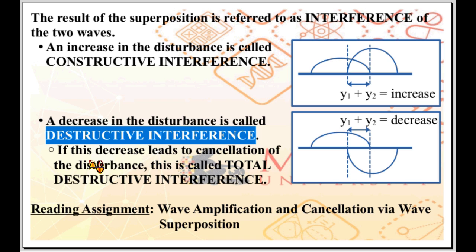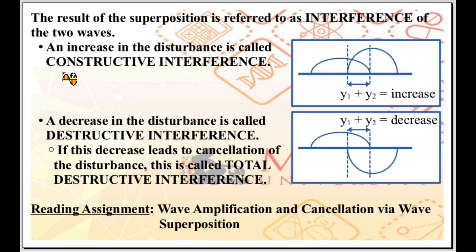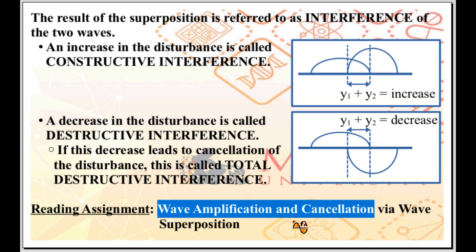And if this decrease leads to cancellation of the disturbance, y1 plus y2 not only leads to a decrease in the disturbance, but y1 plus y2 is equal to 0, there is total destructive interference. Constructive interference and total destructive interference lead to the phenomenon that we refer to as wave amplification and cancellation.